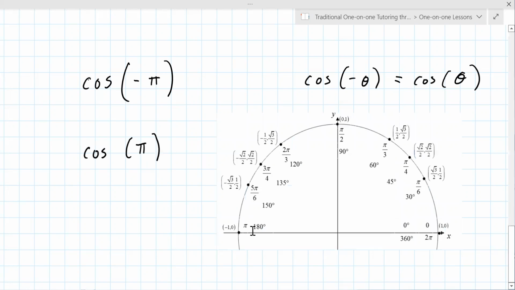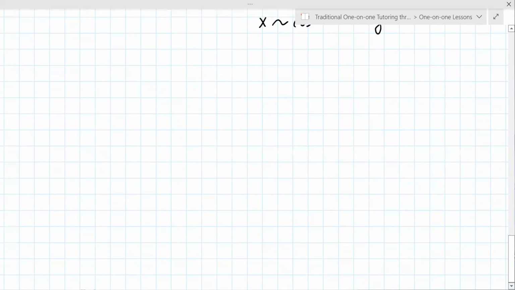Pi is right here, 180 degrees, and cosine is the x value. So x is the cosine, y is the sine. What is the x value at this point here? -1. So this becomes -1. Any questions on that so far? No? Great. We'll do some more difficult ones next.